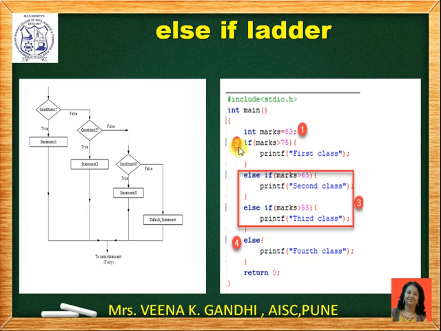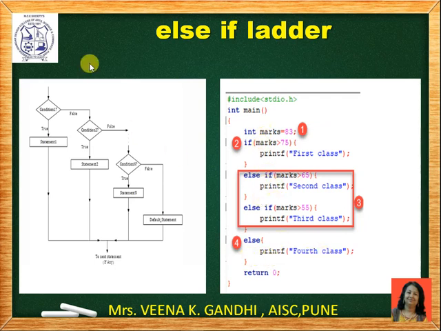If the marks are more than 75, printf first class. Else if marks are more than 65, then printf second class. Else if marks are more than 55, then printf third class. If all the conditions fail, then it will come to the else part and printf fourth class.